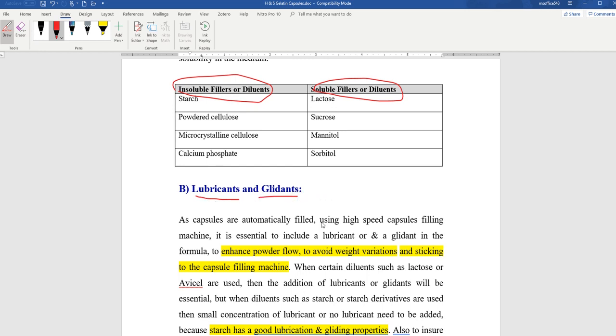Remember, and you will see this later, that we have to be careful about the terms. I will explain a little bit about lubricants and glidants because I wanted to be careful. In the beginning, let me show you the whole.